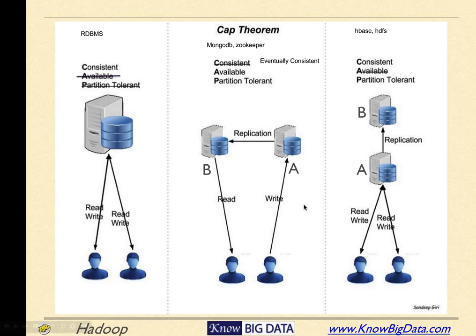Therefore, if the data takes time to go from A to B, it is inconsistent. It is not really consistent because say you wrote some data to A and started reading it immediately. Now the read request goes to B and you will keep on seeing the old data.